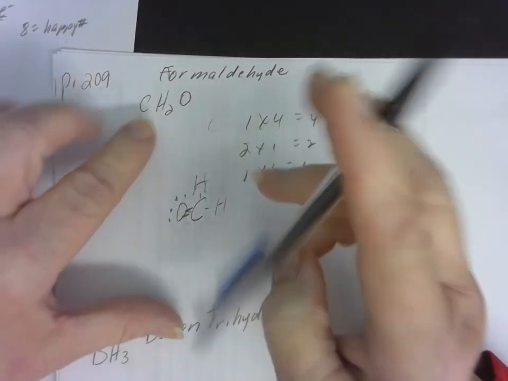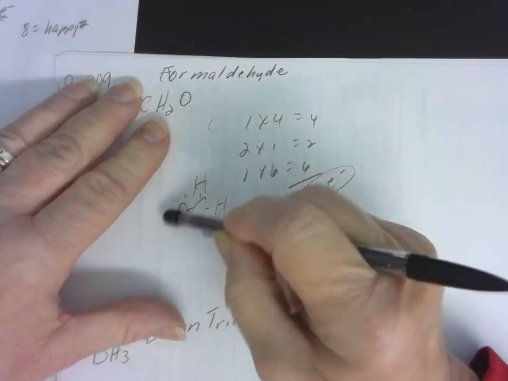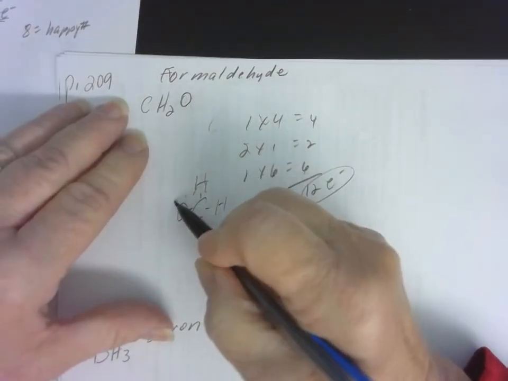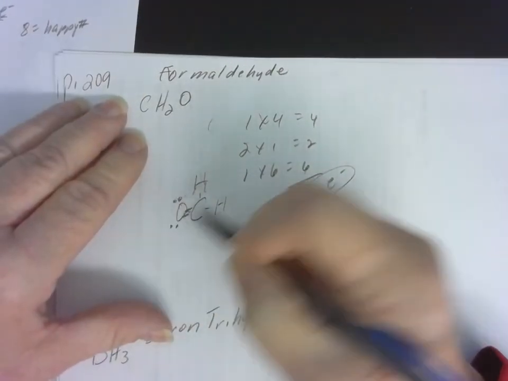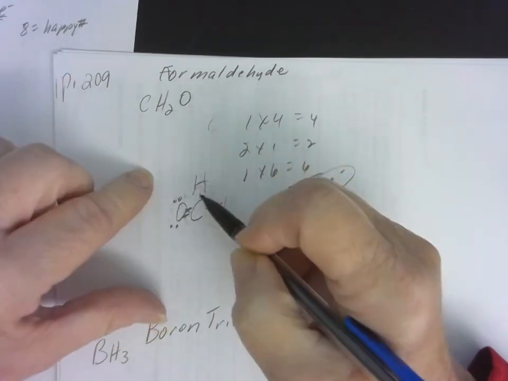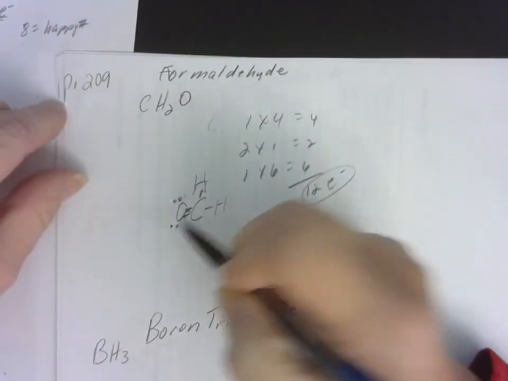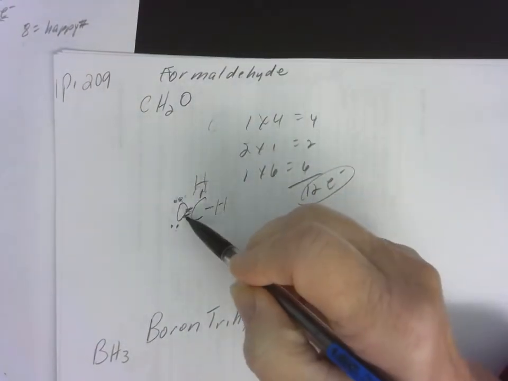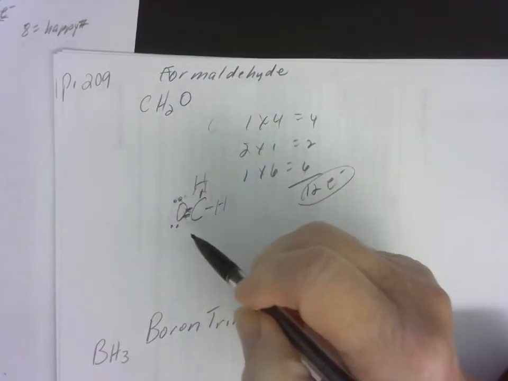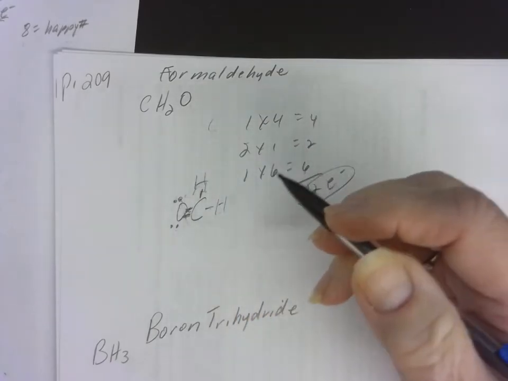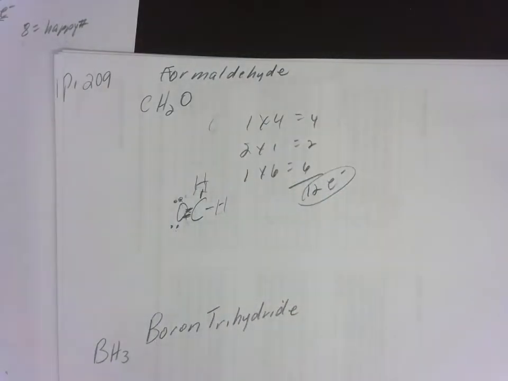So now it's probably better to draw it like this. Those electrons don't want to be close to each other. And there's 2 there. So 2, 4, 6, 8, 10, 12. So we had to double bond because we didn't have enough electrons to satisfy everybody. So I think you can continue that method.